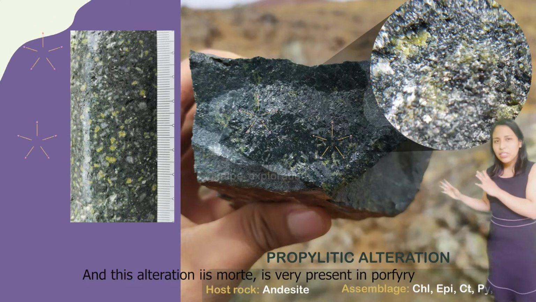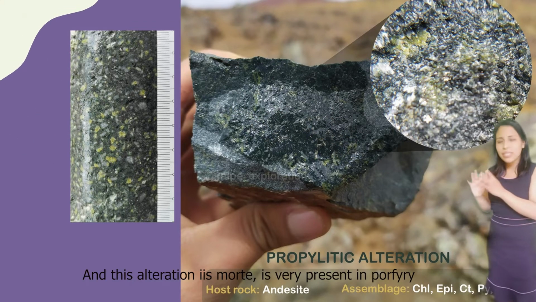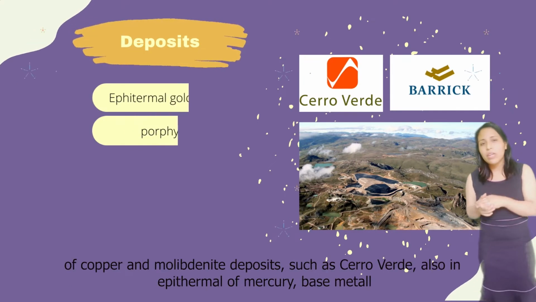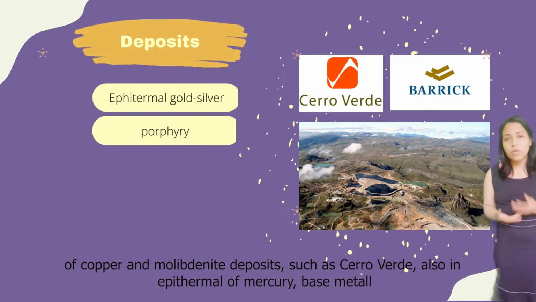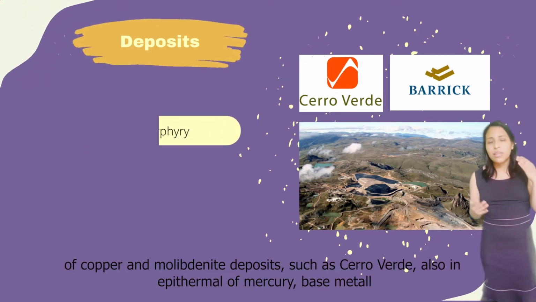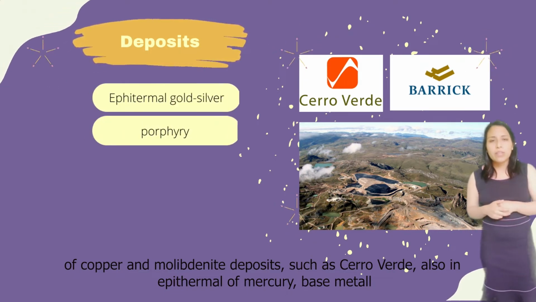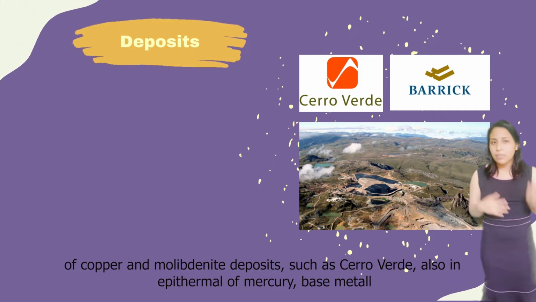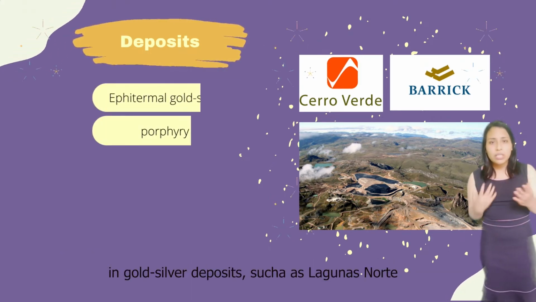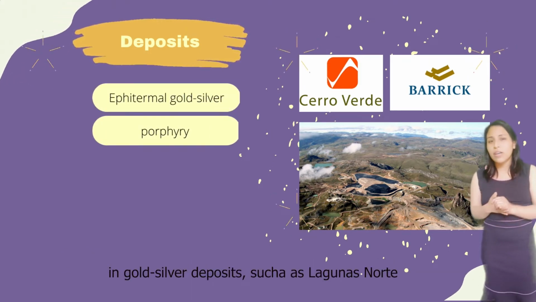This alteration is very present in porphyry copper and molybdenum deposits, such as Cerro Verde. Also in epithermal mercury, base metal, and gold silver deposits such as Lagunas Norte.